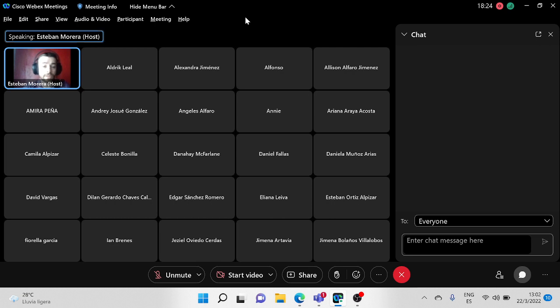We were also explaining the difference between regular and irregular verbs. Those are the topics that we have been developing in the previous classes.